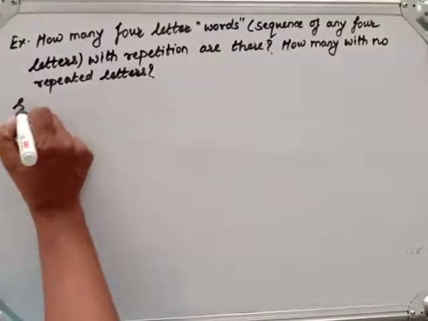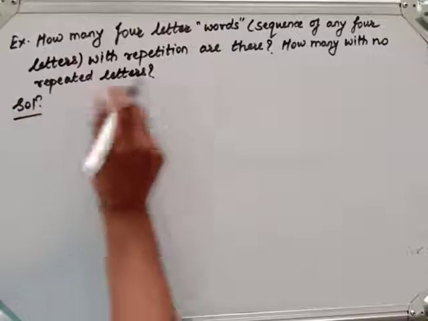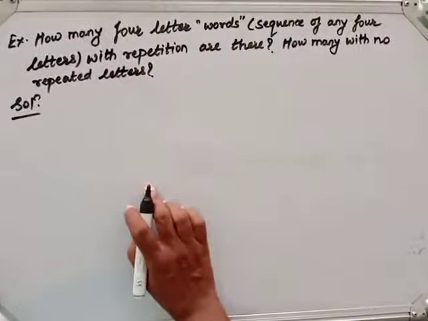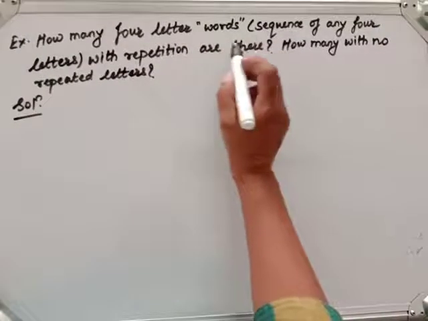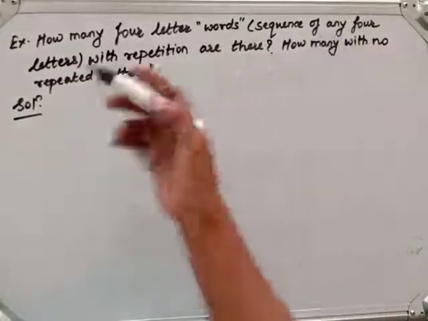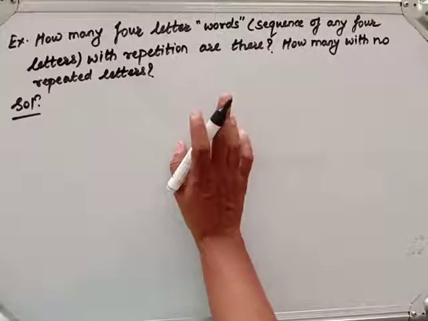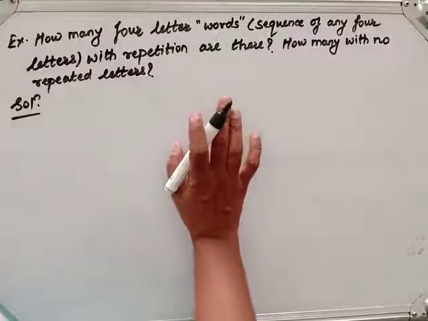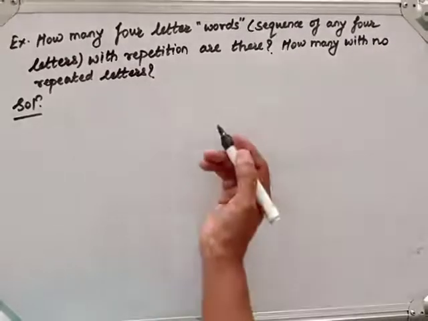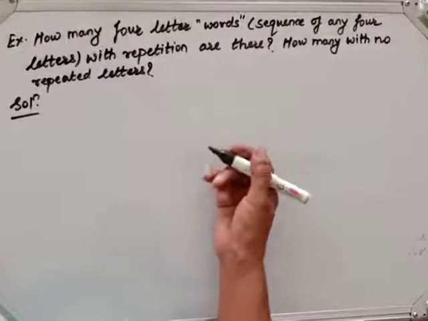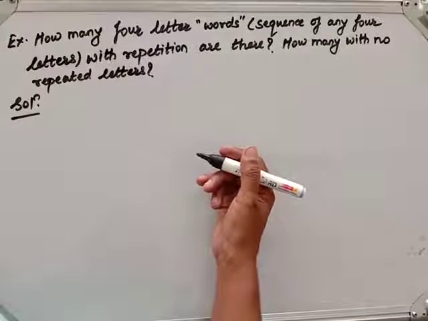Now the solution is here. How many 4 letter words? First, now 4 letter words, sequence of any 4 letters. Now in English language there are 26 letters or 26 alphabets.